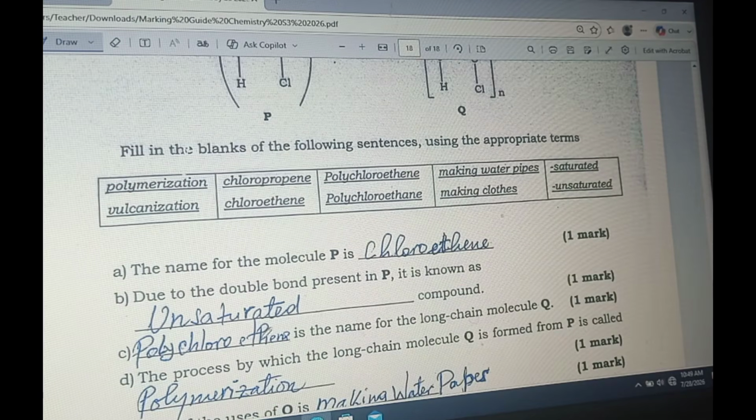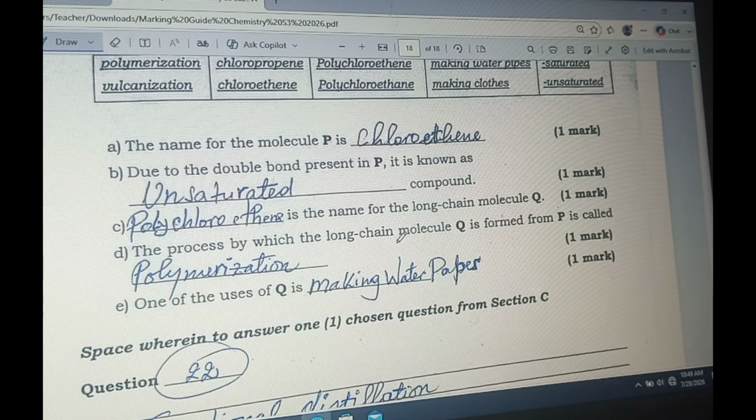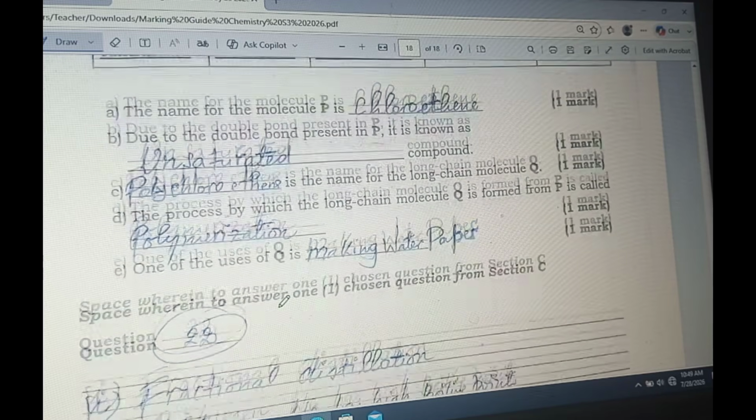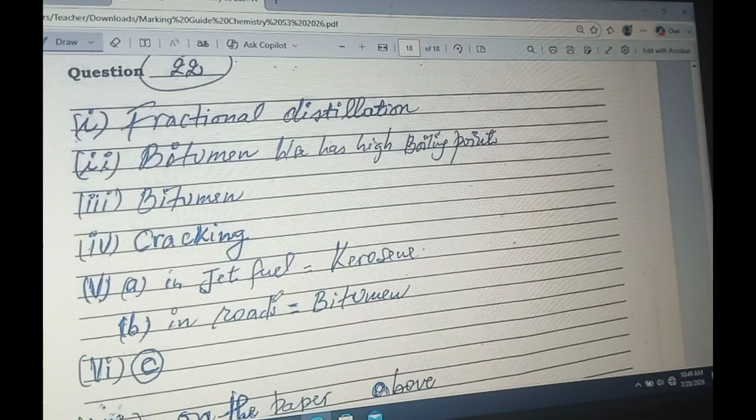C. Polychloroethene is the name for the long chain molecule Q. D. The process by which the long chain molecule Q is formed from P is called polymerization. E. One use of Q is making water pipes. Okay, this is the full answer to question 22.